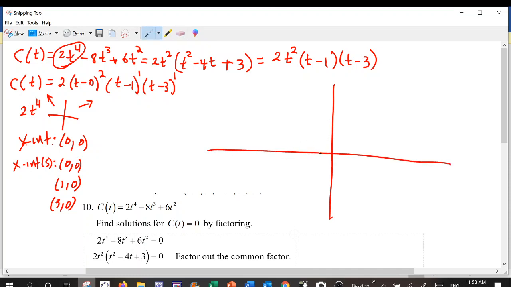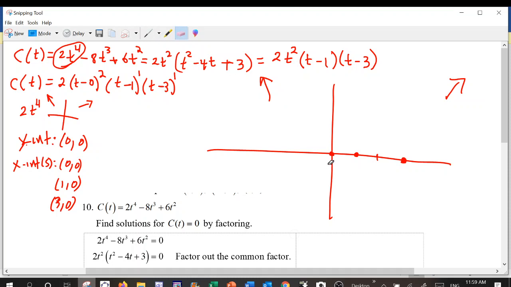So x-intercept is 0, 0, and the y-intercept is also 0, 0, so it's the same place. And then 1, 0, and then we have 3, 0, right? That's a 3. That's 2 and that's 3. And we know that this behaves like this, right?